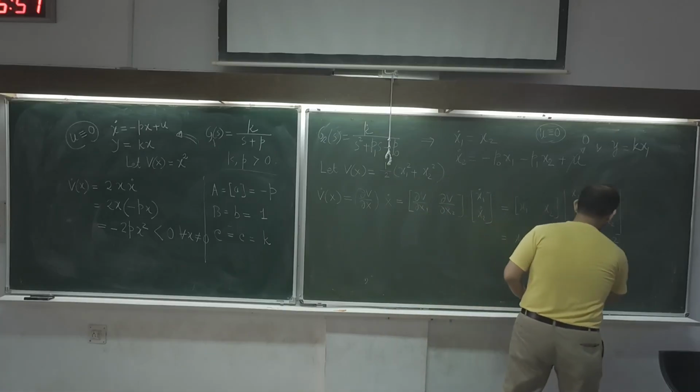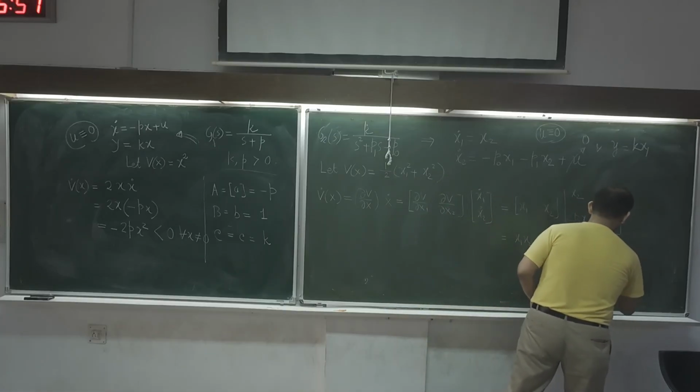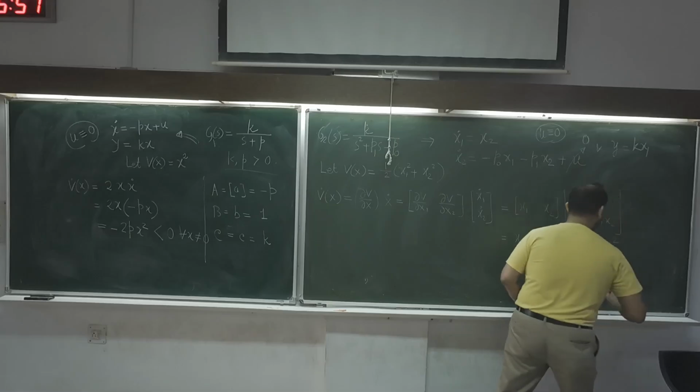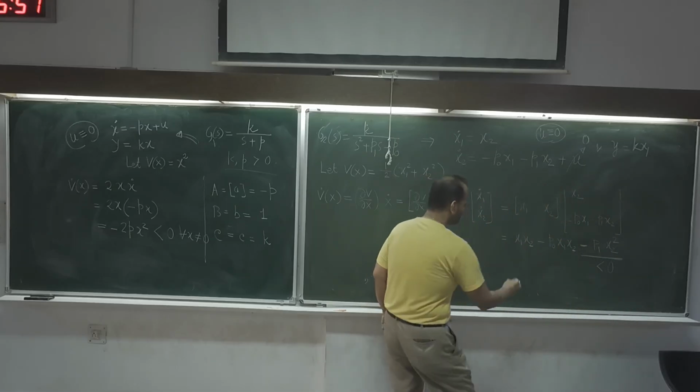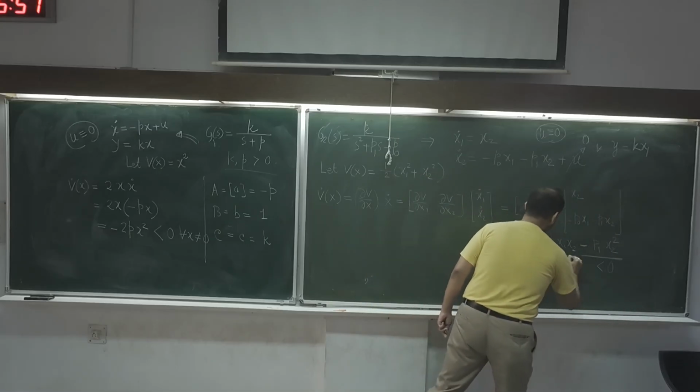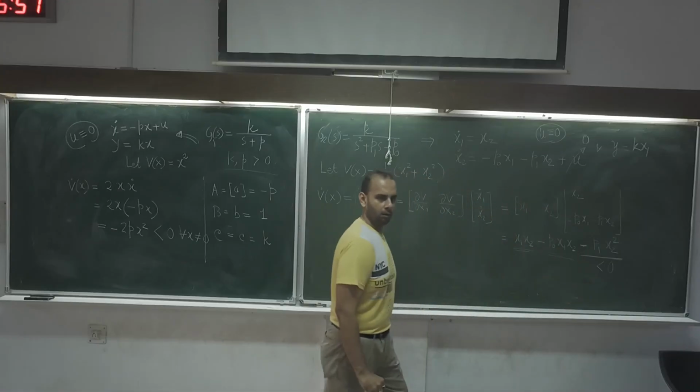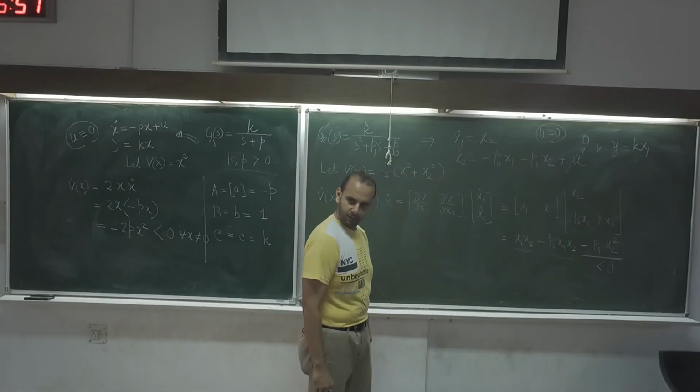So this one, minus p1 x2 squared, we are very happy with, negative definite, right? But now these are cross coupled terms, right?